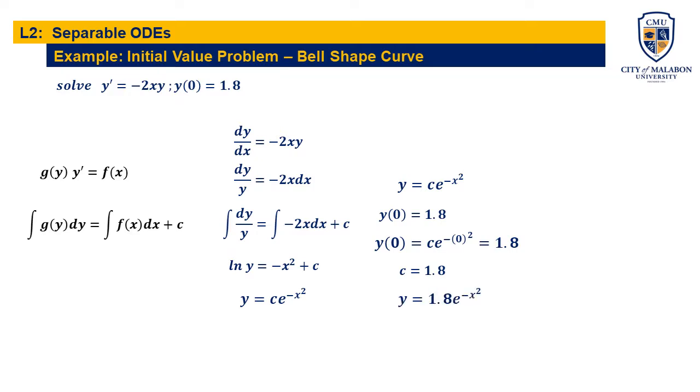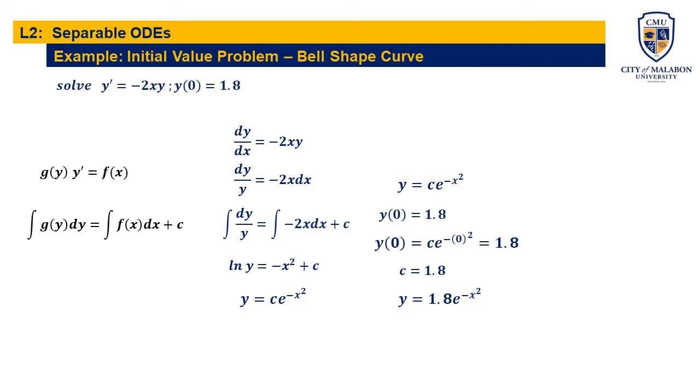So, our particular solution for the initial value problem y prime is equal to negative 2xy with initial value y of 0 is equal to 1.8 is y is equal to 1.8 times e to the negative x squared.